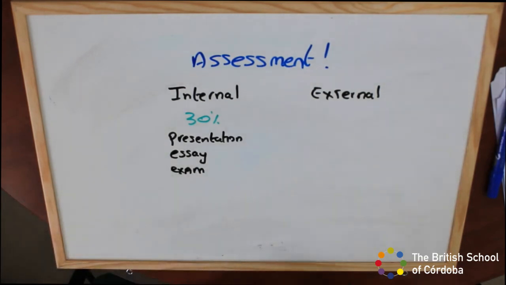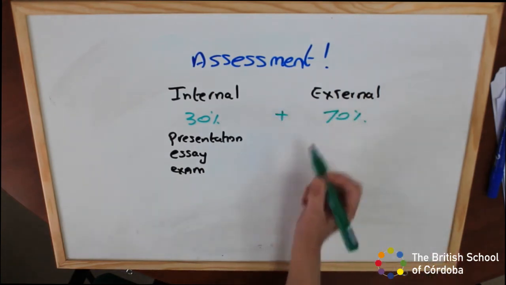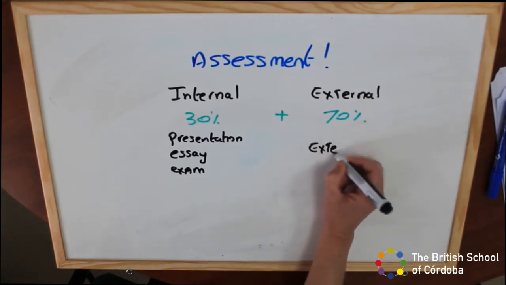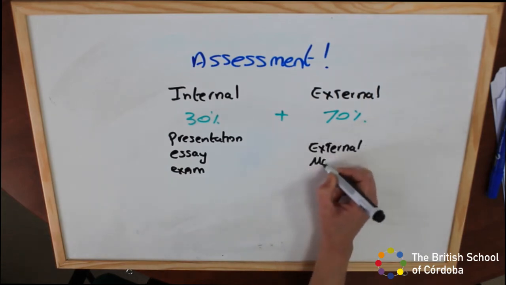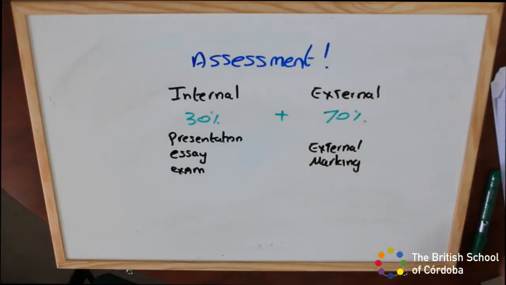The remaining 70% is made up of an external formal exam which is sent off and marked by the IB board. The majority of these exams will take place in the May of the student's final year.